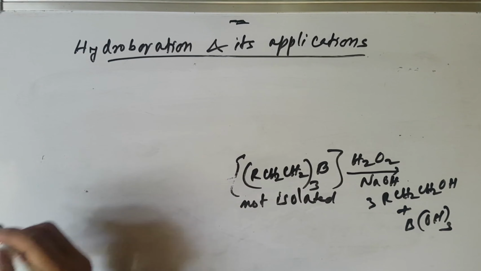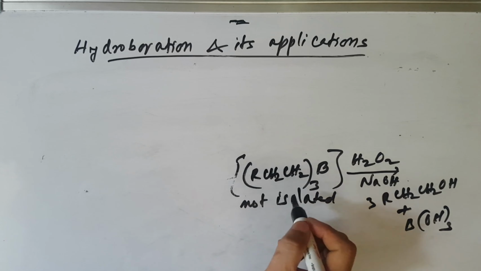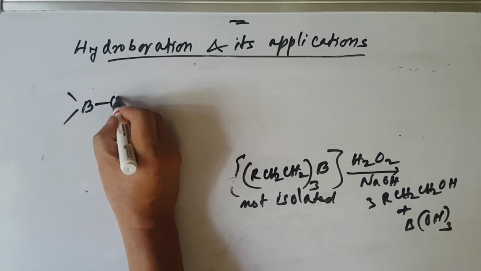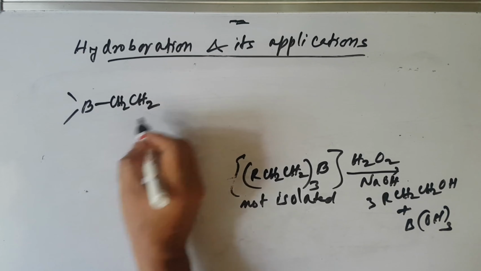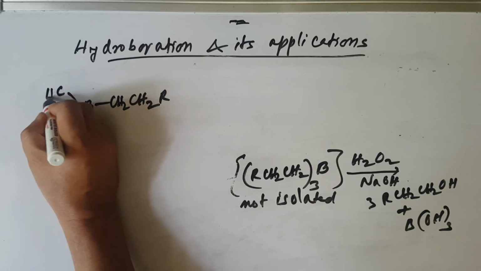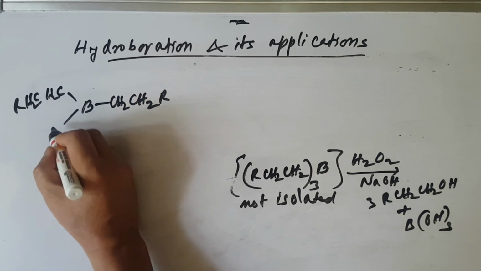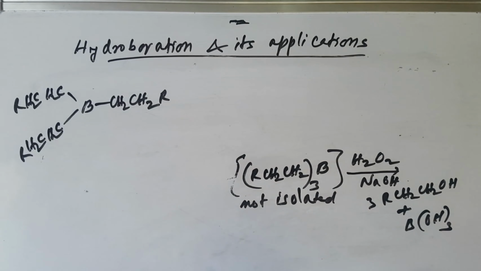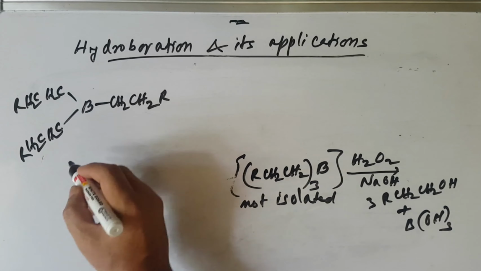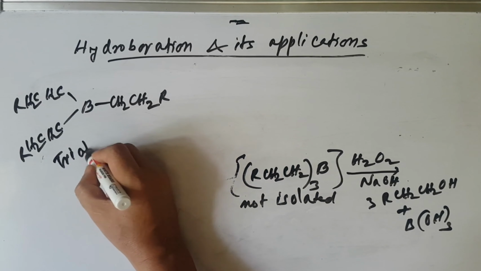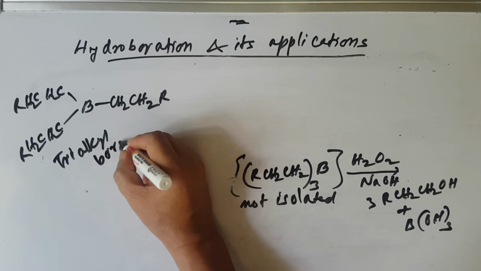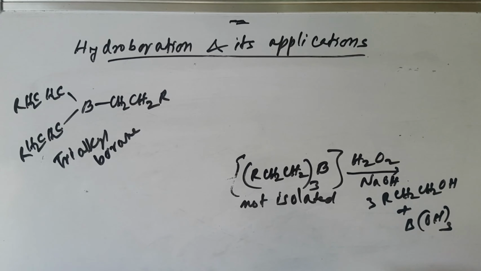First, let's say this trialkyl boron, with 3 CH2R groups. This trialkyl boron is obtained by hydroboration of this alkene with boron. This one reacts with hydrogen peroxide.